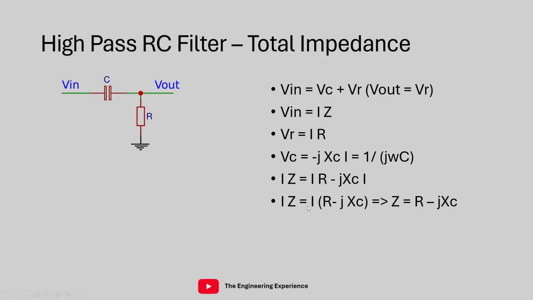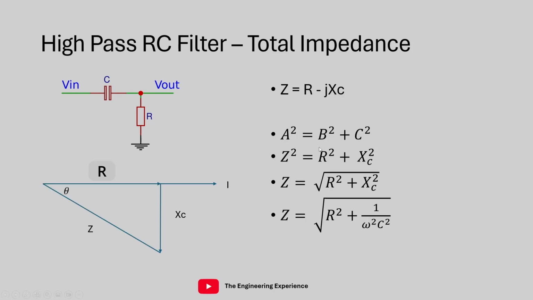So Iz is equal to I, and in brackets we have R minus j omega C. Now, if we take the I over to the other side, we can cancel the two I's out, and we end up with Z equals R minus j omega C. So the total impedance of this circuit, without going into this right now, is R minus j omega C.